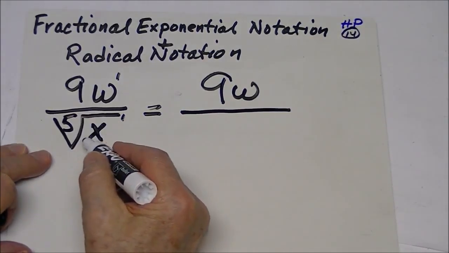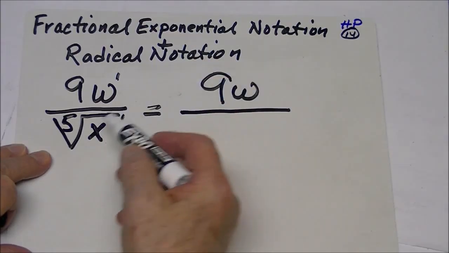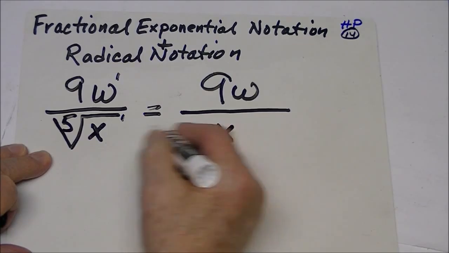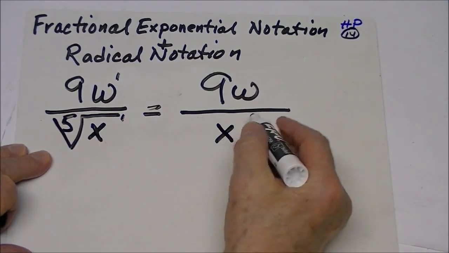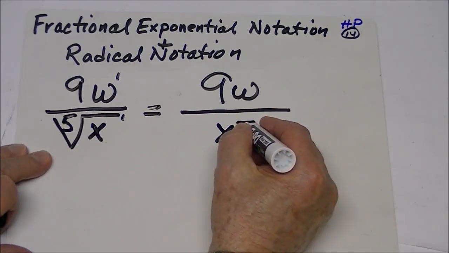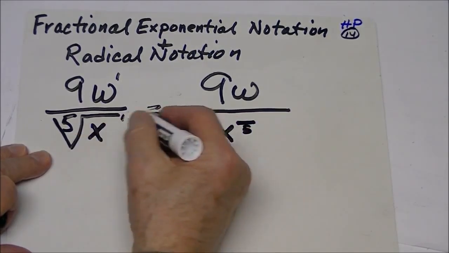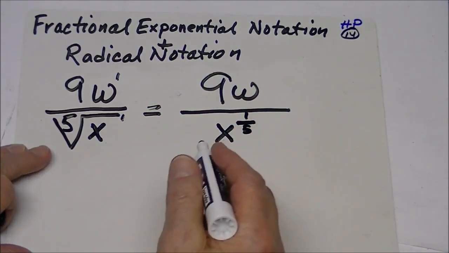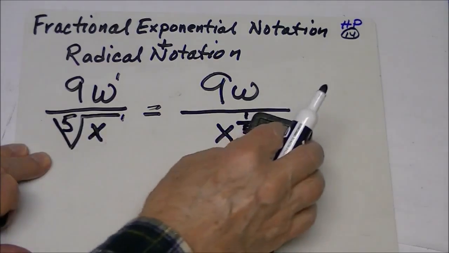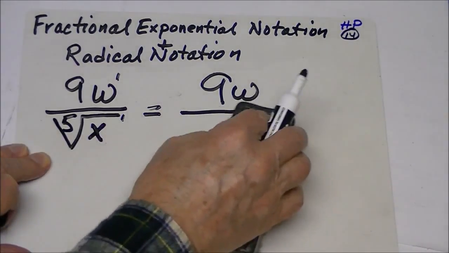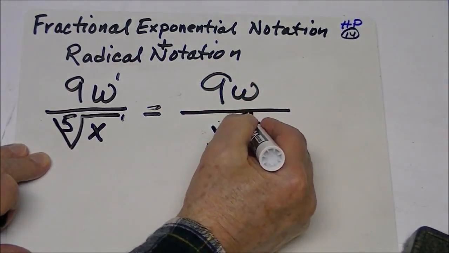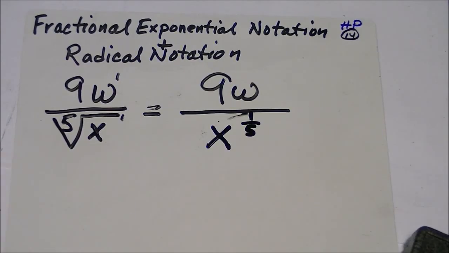And to convert this to a fractional exponential notation, our base is the radicand, which is x, and then in fractional form, our index number becomes the denominator, and the 1 goes up there. So that's meant to be, in fact, let me write that a little bigger here, x to the 1/5. And that is correct.